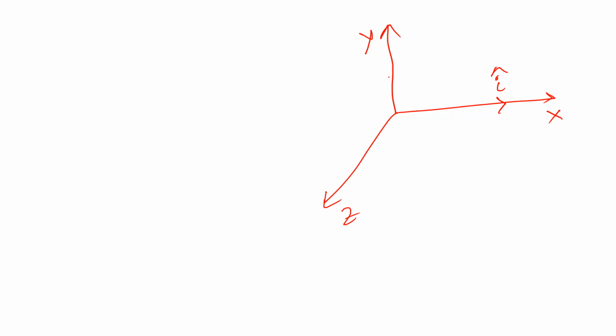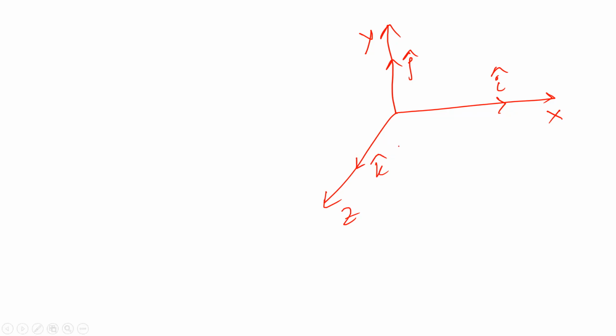If we consider a plane which is 3D in nature, that means it will have the x-axis, the y-axis as well as the z-axis. Along the x-axis the unit vector is represented as i cap, along the y-axis the unit vector is represented as j cap, and along the z-axis the unit vector is represented as k cap.